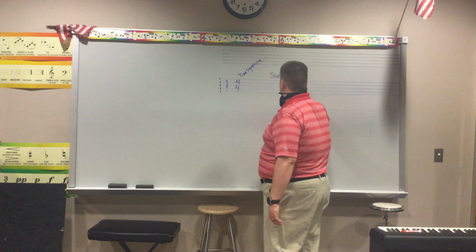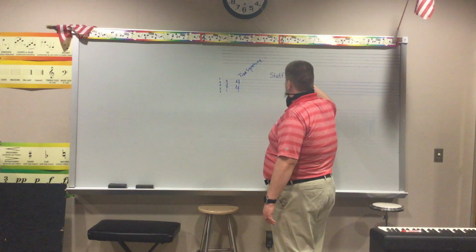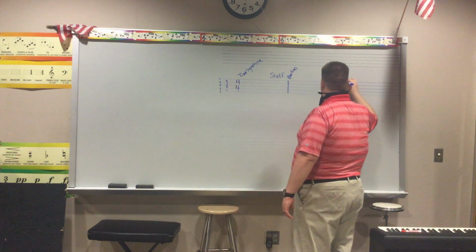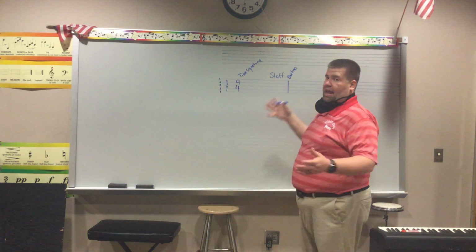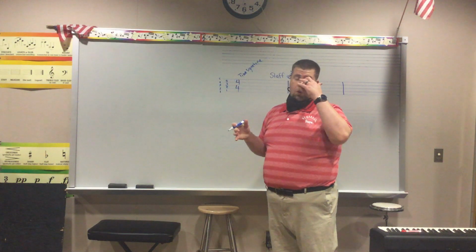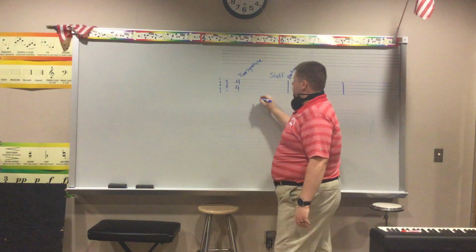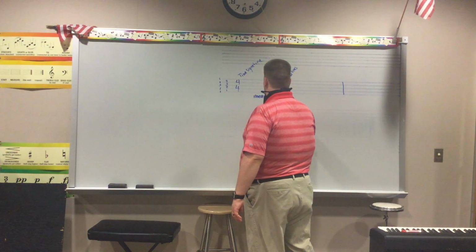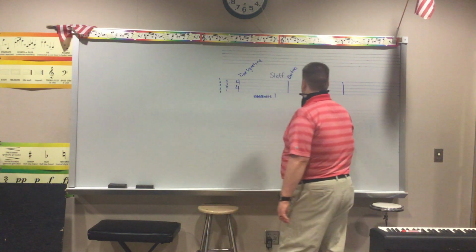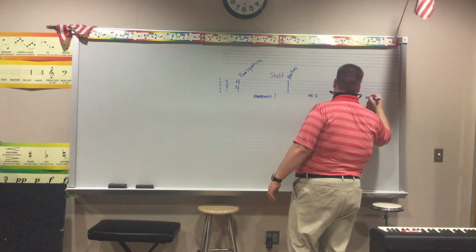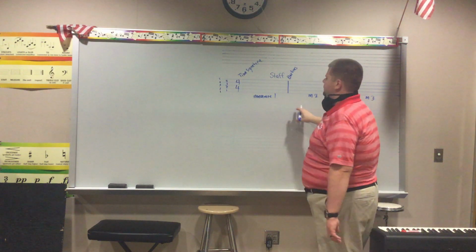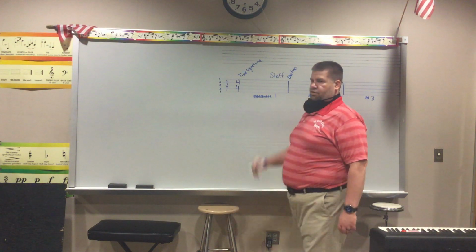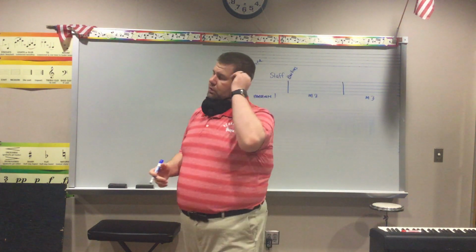He's going to call his friends, the bar lines. The bar lines are going to split the house, or the staff, into different rooms, which in the music world we call measures. This would be measure 1, this would be measure 2, and this would be measure 3. Every time you see a bar line, you split them up into groups or rooms.